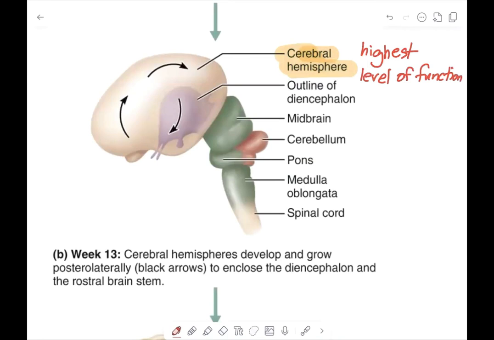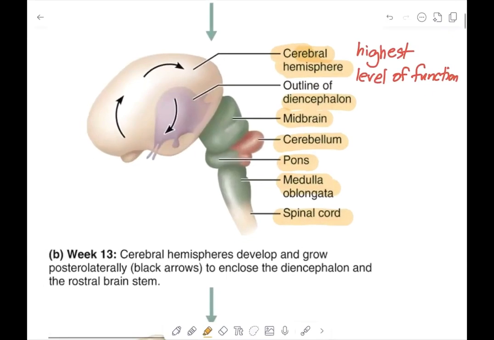We have an outline of the diencephalon, which we'll talk more about. The midbrain, cerebellum, pons, medulla oblongata, and the spinal cord.